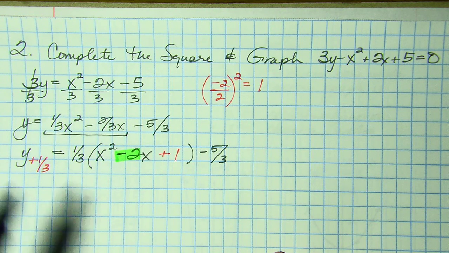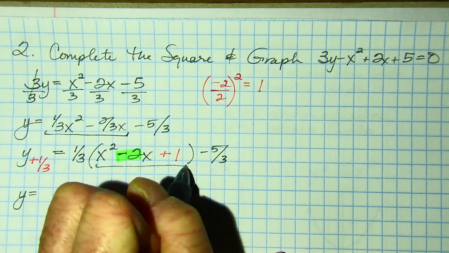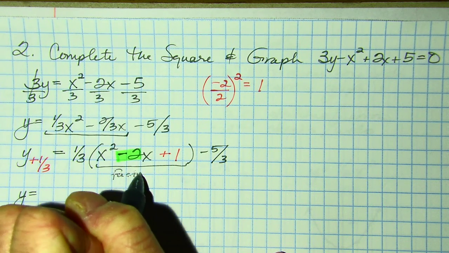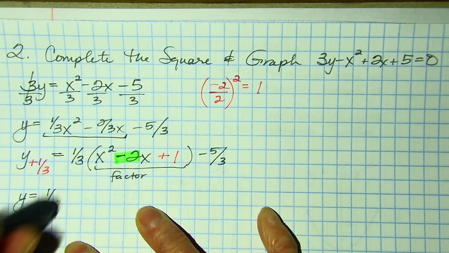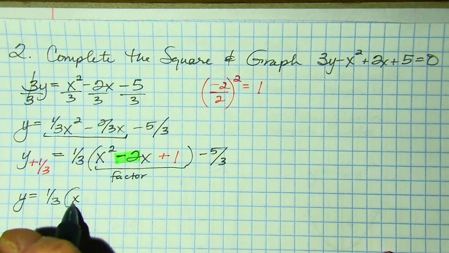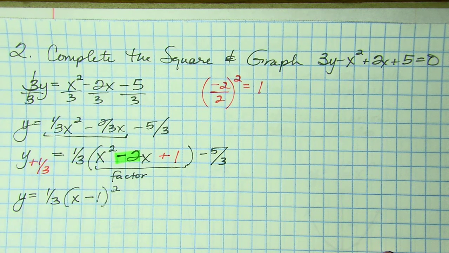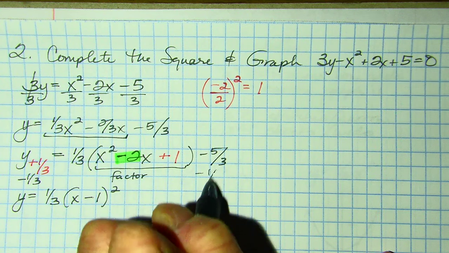Now, here we go. We're going to do two things all at once. We're going to factor this. So 1/3 times x minus 1 squared. And then I would have to subtract this guy back over, right?